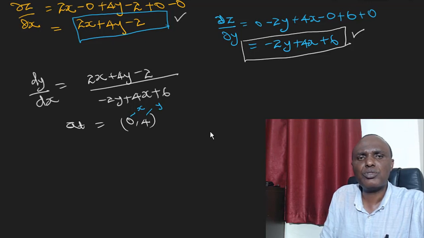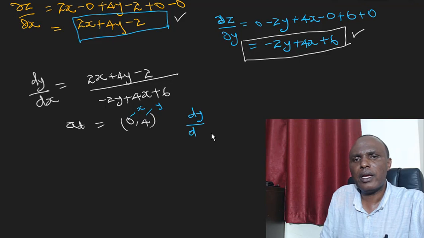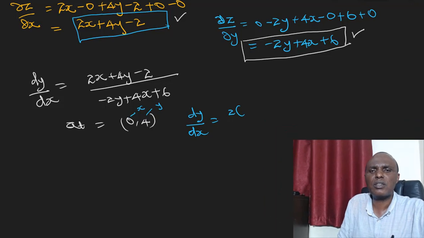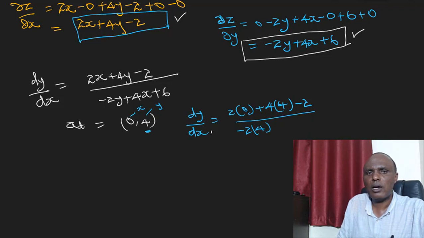So when we substitute, dy over dx is equal to 2 times 0 plus 4 times 4, minus 2, divided by negative 2 times 4 plus 4 times 0 plus 6.